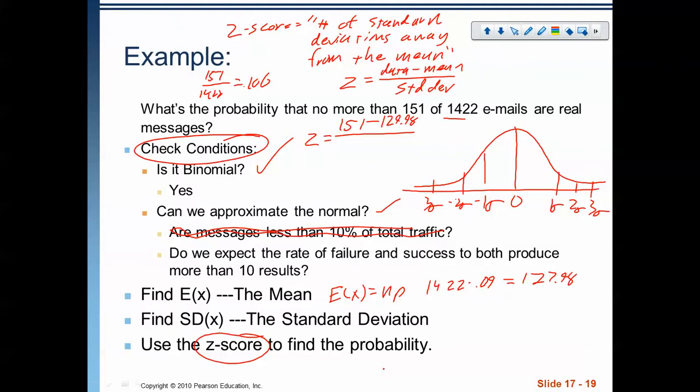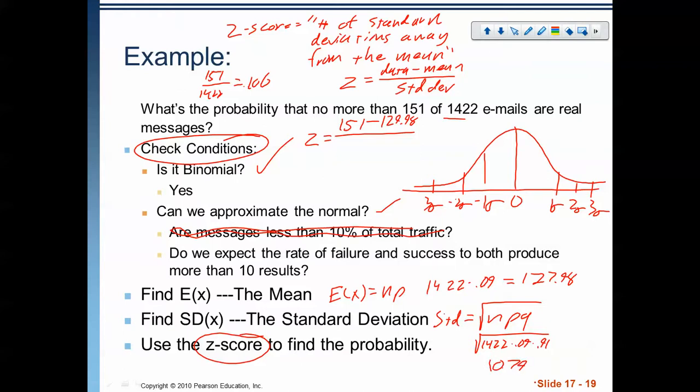And then what's my standard deviation? Standard deviation for a binomial model is the square root of npq. So that's the square root of 1,422 times 0.09 times 0.91. That is 10.79.